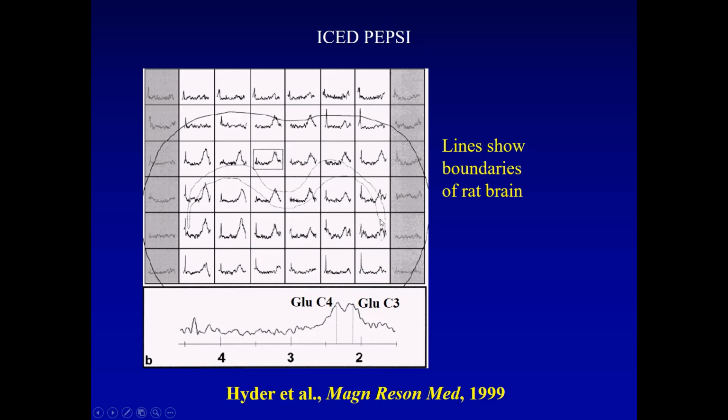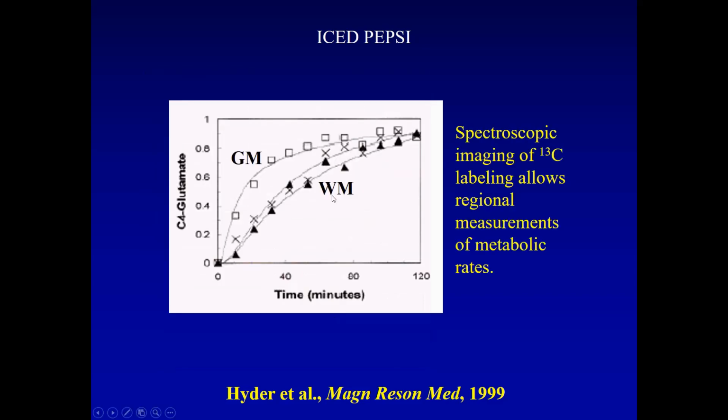Around here, we have glutamate and glutamine, C4 and C3, in the proton spectrum. And it's dominated by glutamate. He performed those over time during C13 studies, and we can see differences between gray matter and white matter, and then there are voxels in between.